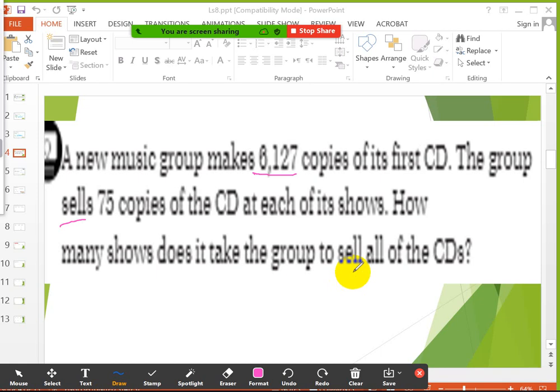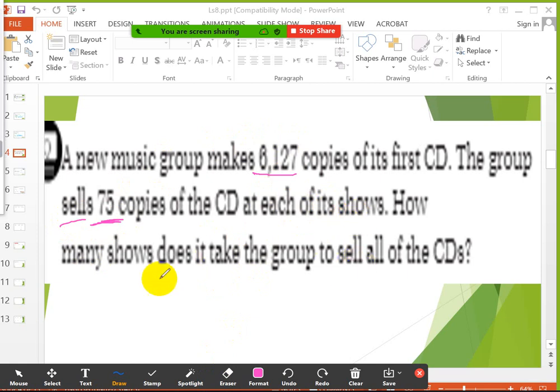You remember, interpret the remainder and this idea when we solve problems and estimate the right answer for the problem. We will continue now in the same idea. So in this problem, I have to divide the number of all CDs by the number of CDs that they will sell in each show.